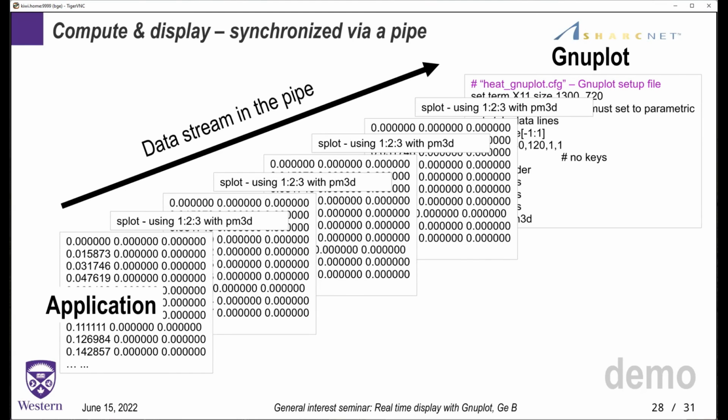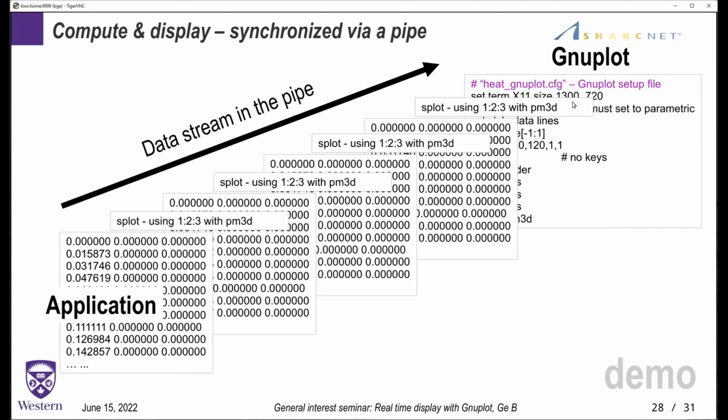So the first chunk of the data stream contains the Gnuplot setup commands. And the second is the plot command, splot, followed by a set of data. And then the next splot data, and so on and so forth. So we have this data stream in the pipe.